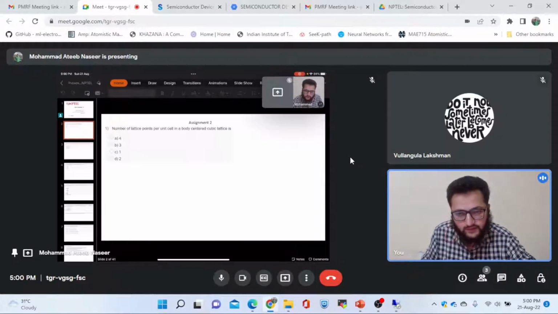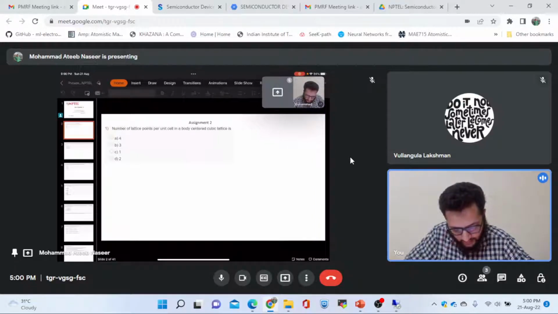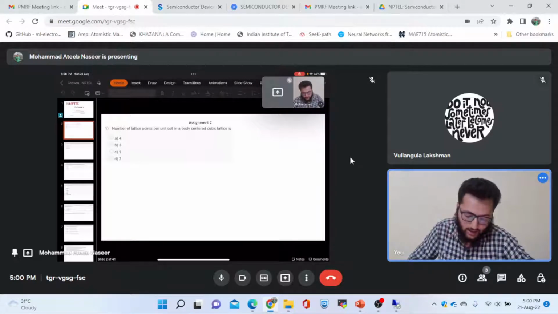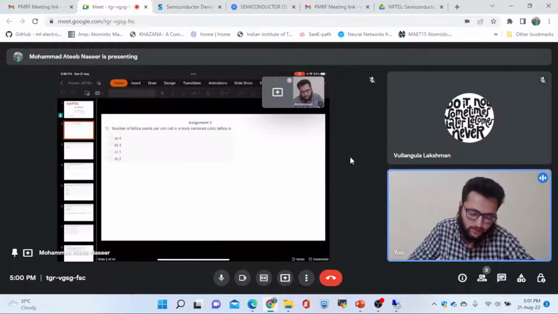Question 1 asks for the number of lattice points per unit cell in a body centered cubic lattice. So you are required to find how many lattice points there are in a BCC per unit cell.